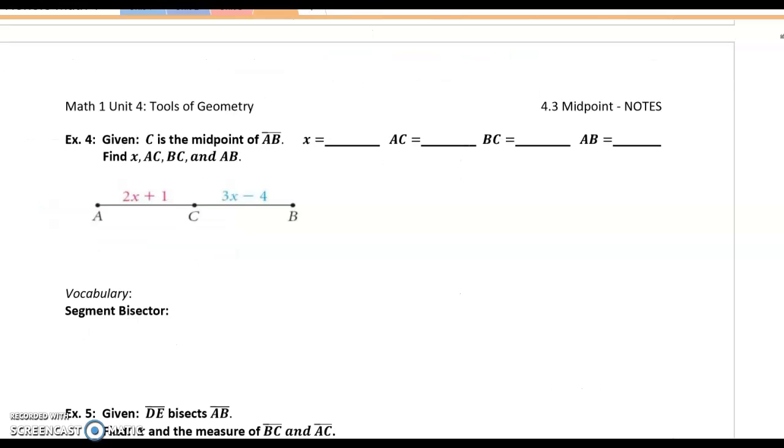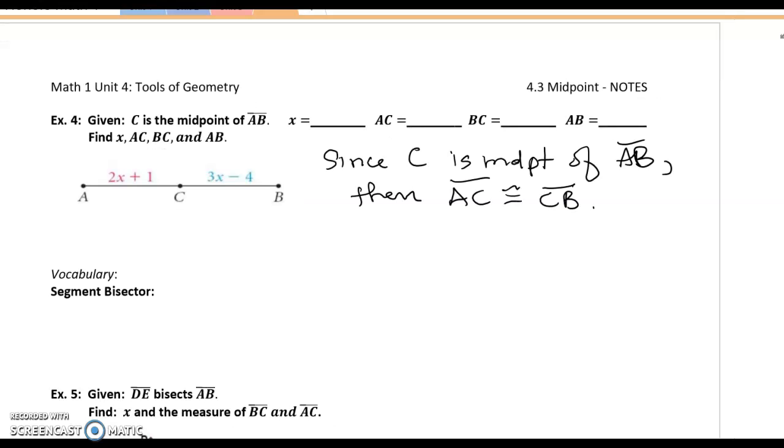All right, let me give you some time here to work on example number 4. We are finding the value of x and the length of AC, BC, and AB. All right, since we know that C is the midpoint of segment AB, that means that segment AC is congruent to segment CB.